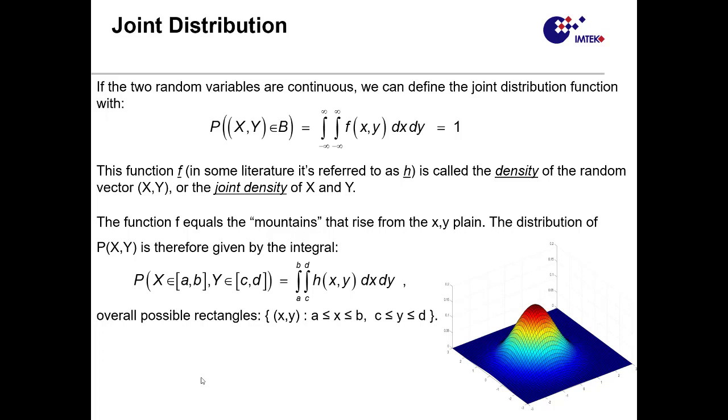All right? Sometimes this joint density function f is called h in the literature, so we use h, but it's just a letter that changed. So the probability of x belonging between a and b, two limits, jointly with the probability of y being between c and d, is the integral of this h over a and b, and then over c and d.